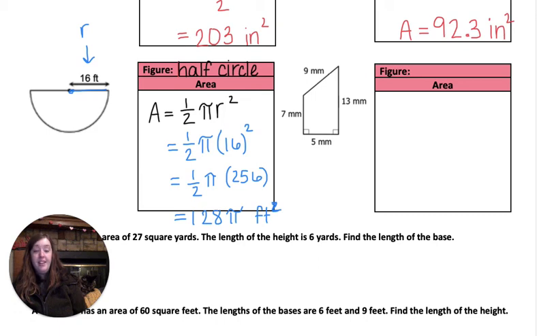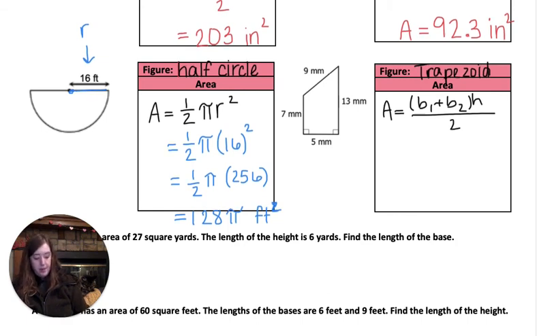All right. In this next one, we have a trapezoid. So to find the area of a trapezoid, we're going to take both of our bases and add them together, multiply that by the height, and divide that whole thing by 2.